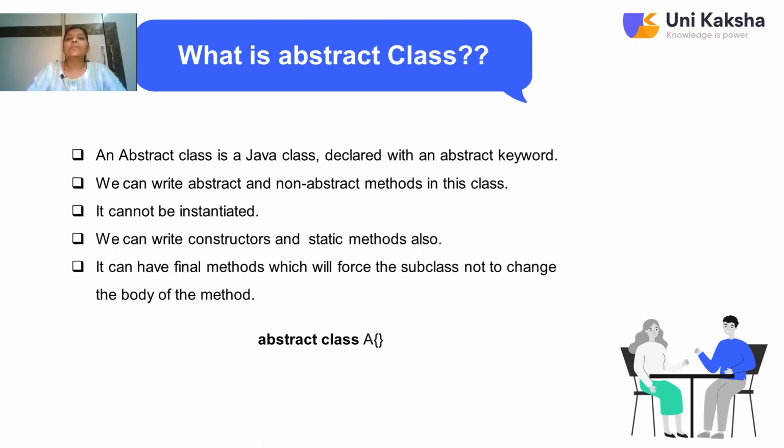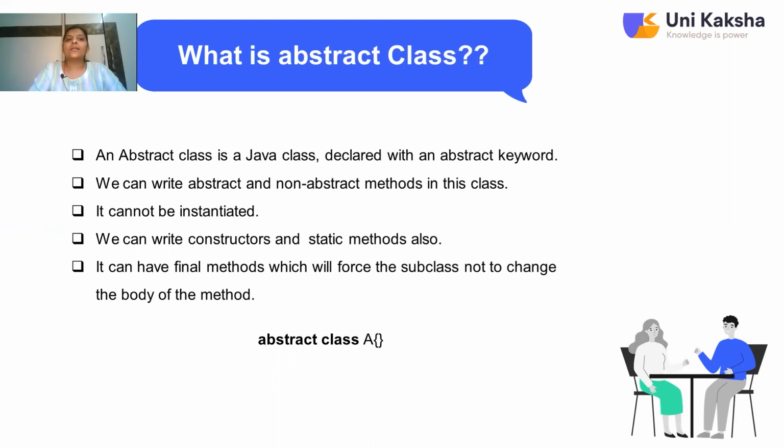The very important thing is that the abstract class cannot be instantiated. What is the meaning of this? Whenever you write an abstract class, you cannot create an object of that class. It means you cannot directly access the class by using the new keyword. That is, you cannot instantiate the abstract class.